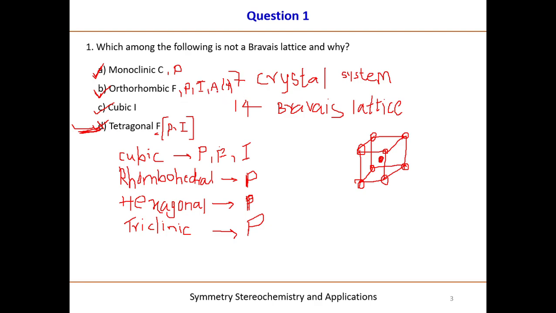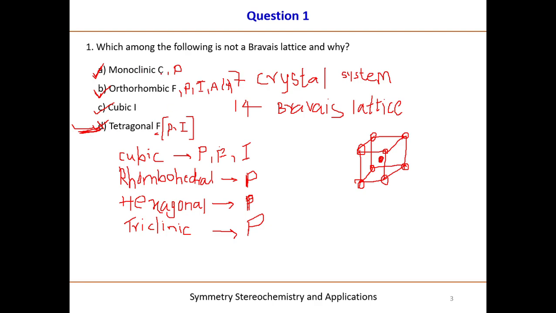So here we have all types of Bravais lattice.